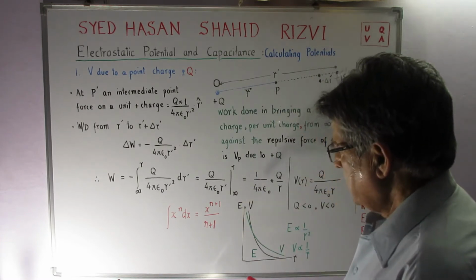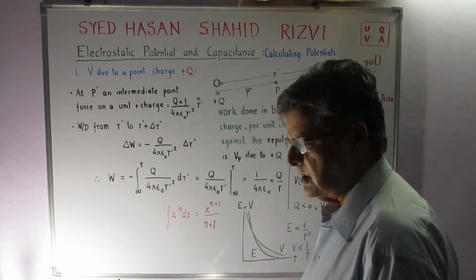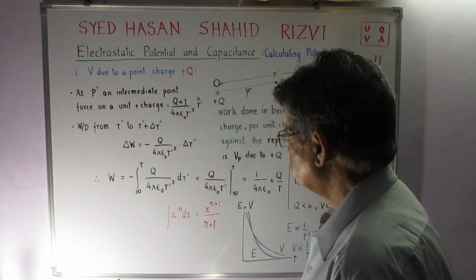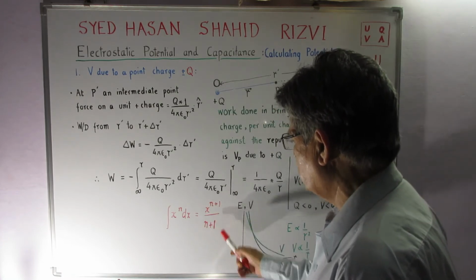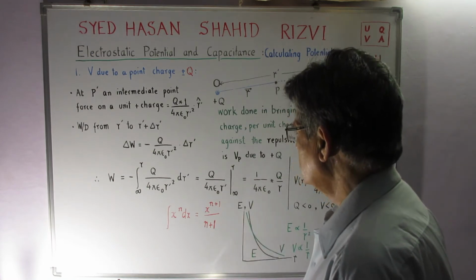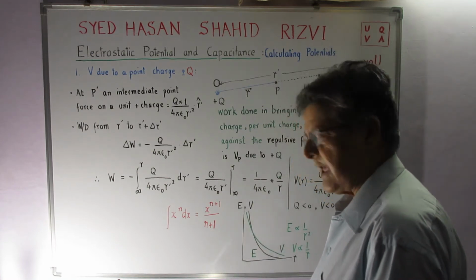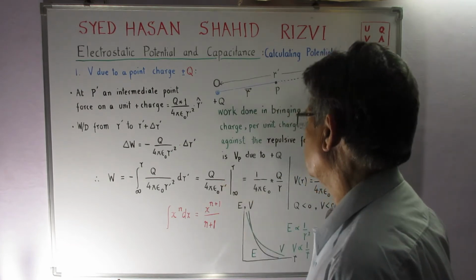So here in this case it is r dash power minus 2, so that will become minus 2 plus 1 divided by minus 2 plus 1, which means this will become minus 1 upon x, minus 1 upon r dash over here.